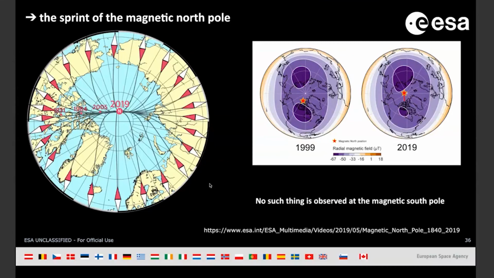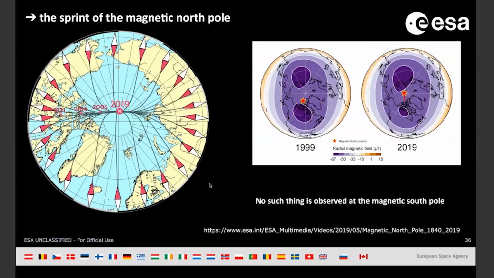What we were trying to find out with the satellite is why that is the case. That's what is located on the right side of this image, where you can see the magnetic field at the boundary of the outer core, as it looked in 1999, and how it had changed between 1999 and 2019.